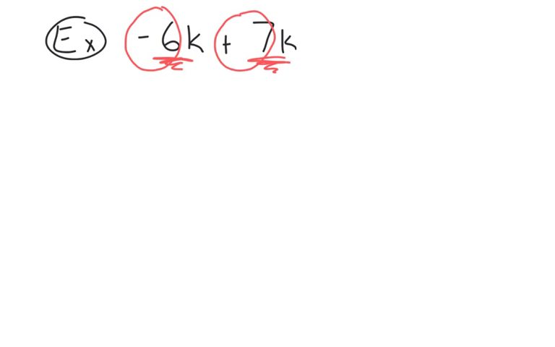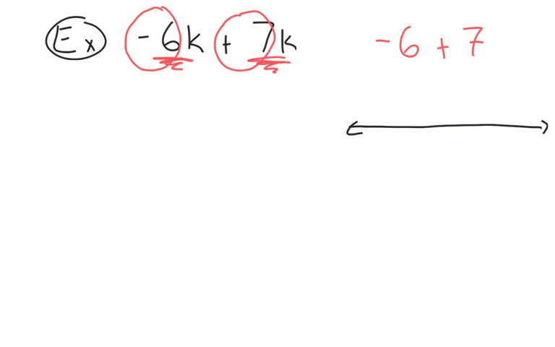If I separate these coefficients out on the side, what I have is really negative 6 plus 7. Remember, I said we're going to temporarily ignore the variables and their exponents. At this point, this becomes an easy number line question. Let's go ahead and draw our number line.